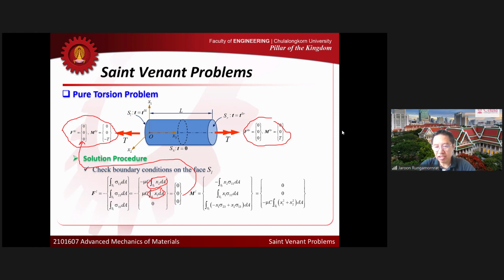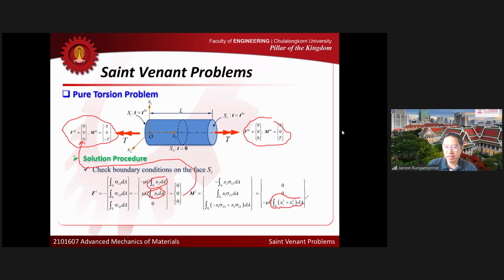Okay, the first two components disappear. That should be clear, right? And for the last one, once I plug in sigma 1 3 and sigma 2 3, I come up with this expression. I just move the constant out of the integral, and the term inside here is simply the integral of x1 squared plus x2 squared. But if you remember, in the first part of this lecture, I talked about this quantity before, right?